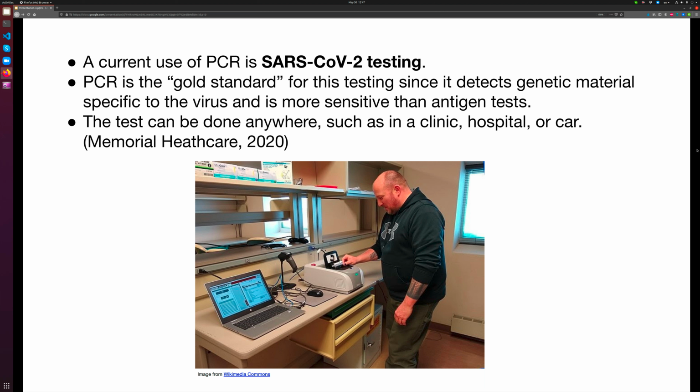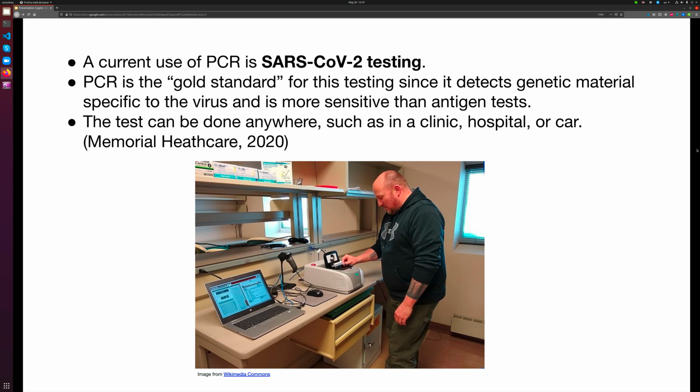So you can see that the results are usually available within around 1 or 2 days, but maybe longer. It's better than antigen tests because research states that antigen test sensitivity is around 80% when the person is symptomatic for the virus.